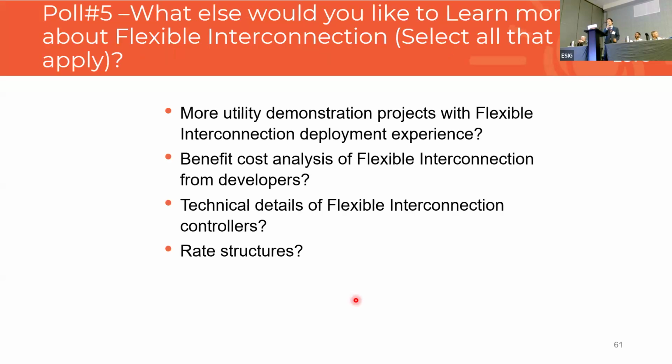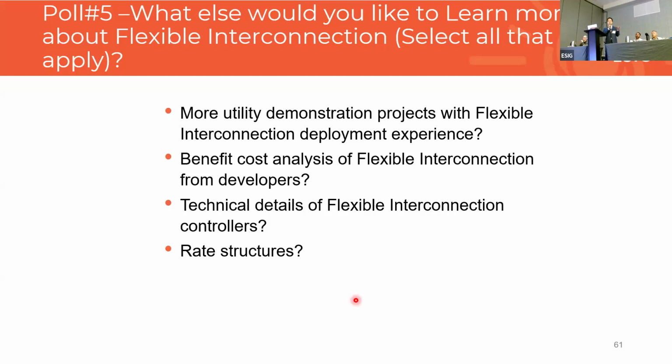The second question here is, what else would you like to learn more about flex interconnection? Select all that apply. The first option here is more utility demonstration projects with flexible interconnection deployment experience. For this question, I want to share that at this moment in the US, there have been a few demonstration projects managed by 2 utilities.